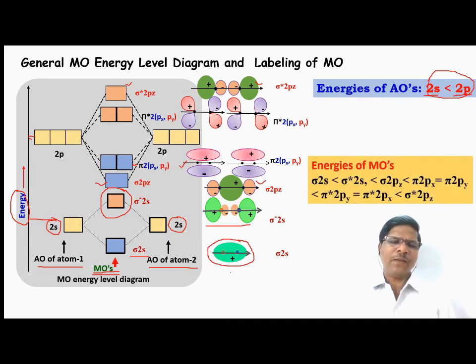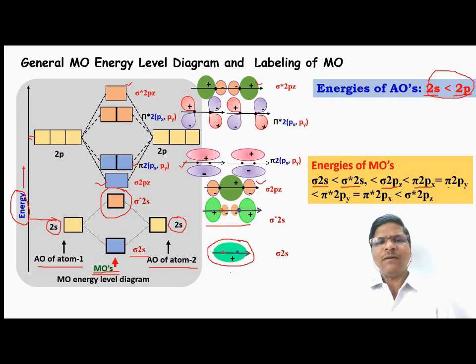So how are the molecular orbitals organized in the energy level diagram? According to their energy. Sigma 2s is lower in energy. So we have the order of energy: sigma 2s, then sigma star 2s, then sigma 2pz, pi 2px and pi 2py similar in energy.